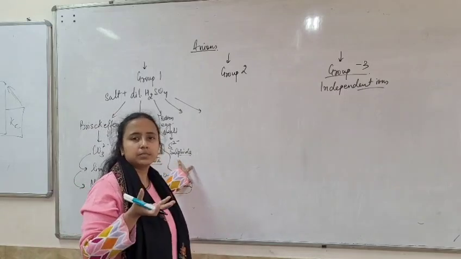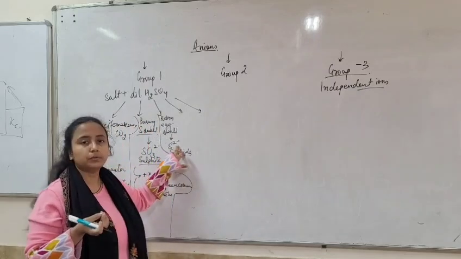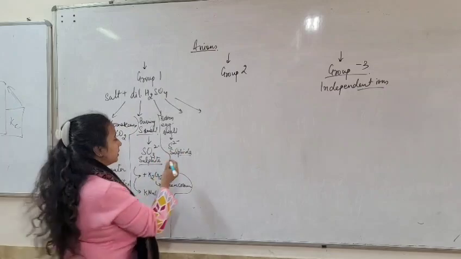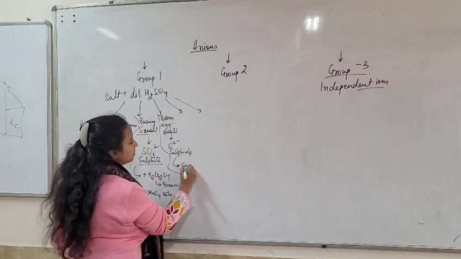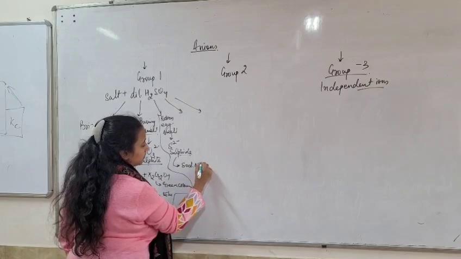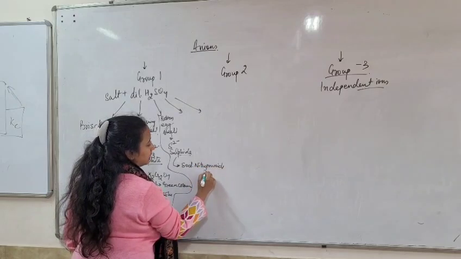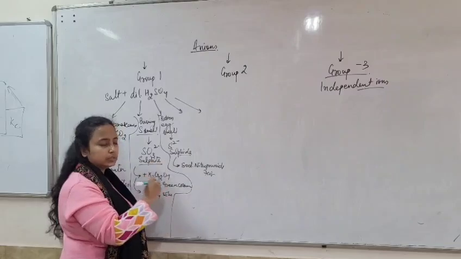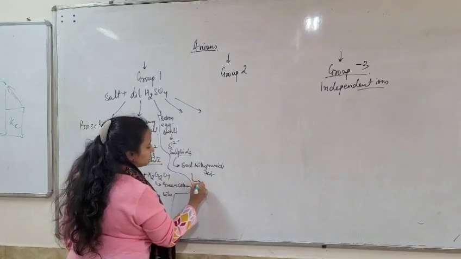Wherever there is sewage around, there is a prominent smell of the sewage that is coming due to the formation of H2S only. Okay, so to confirm this sulfide, what you do is the sodium nitroprusside test. If you add sodium nitroprusside to this, it will give you purple coloration, very bright purple is what you get.